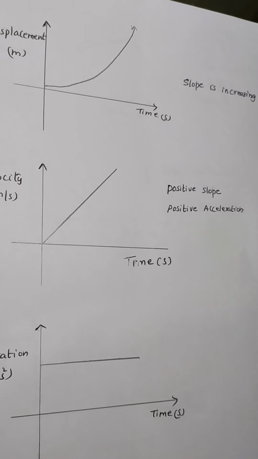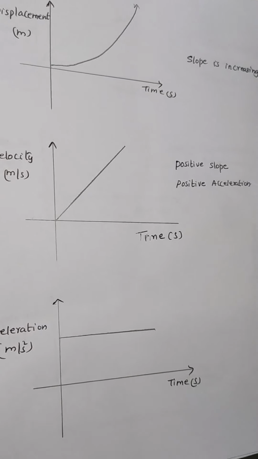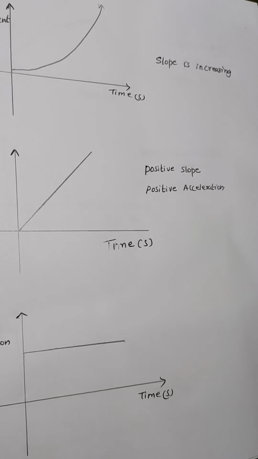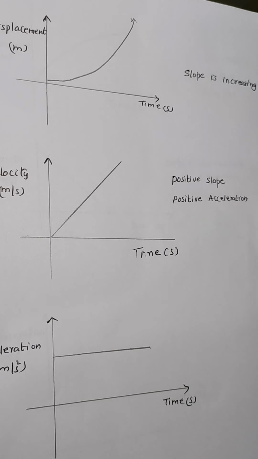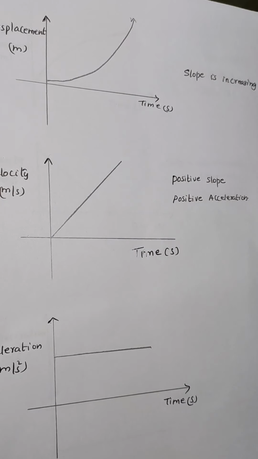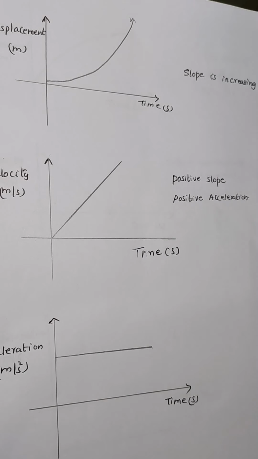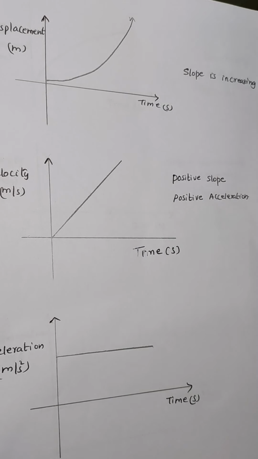Now, let us take a third situation. Here, the displacement time graph, you can see that it is not a uniform graph. The slope is not constant. The slope is increasing.